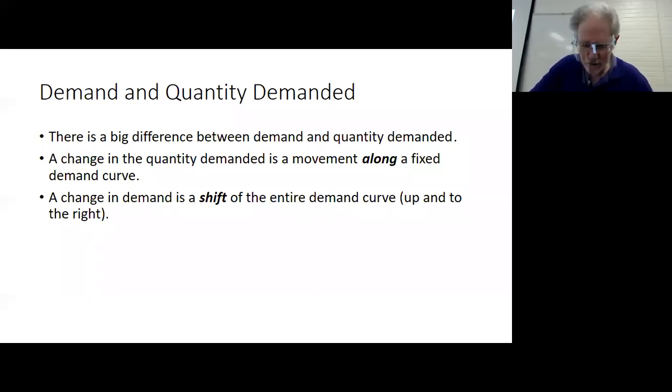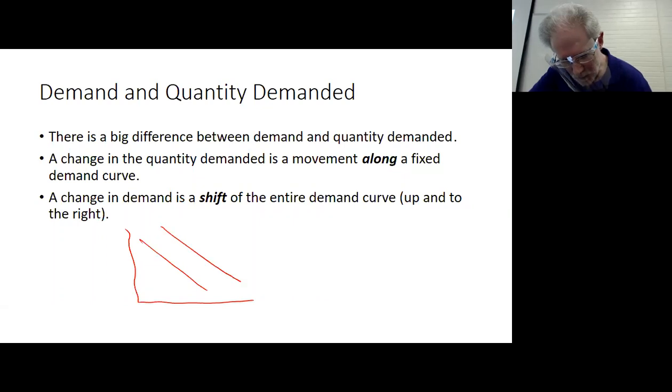A change in demand is a shift of the entire curve. If it is a shift to the right, that's an increase in demand, because if demand is shifting to the right, that means for any given price, say $4 per gallon for the price of gas, if the curve is shifting to the right, that means after the change, the quantity demanded is going to be larger than before.